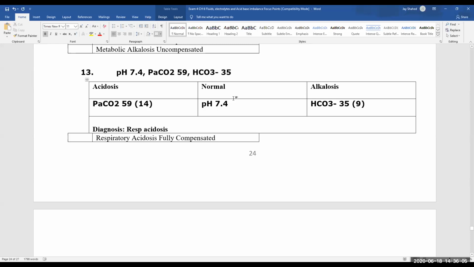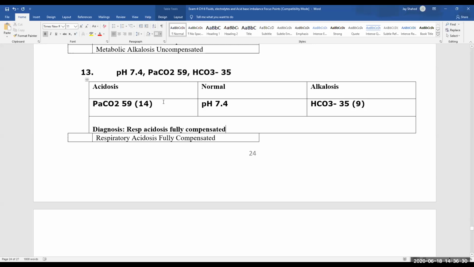fully compensated. So you do that when the pH is at 7.4. You go with the higher one. Yeah, you go with the higher number because you're moving in this direction. That's it. So this is more acidotic. This one is trying to compensate.